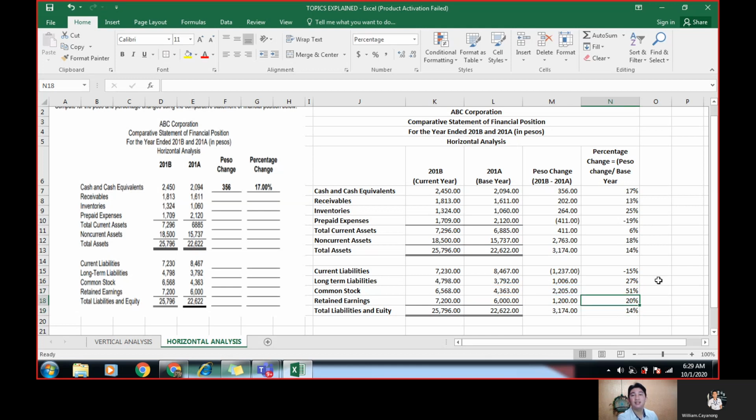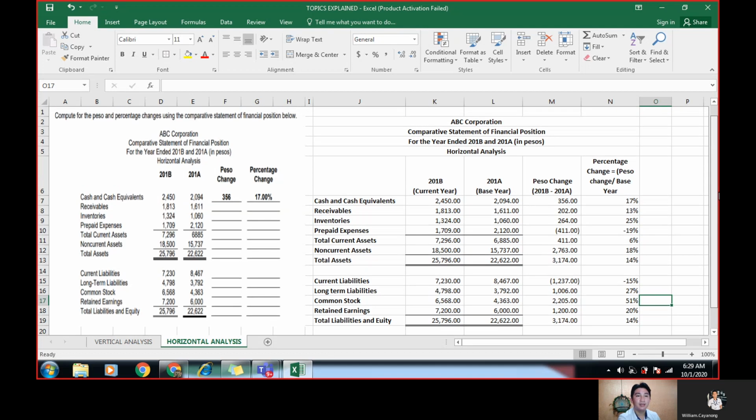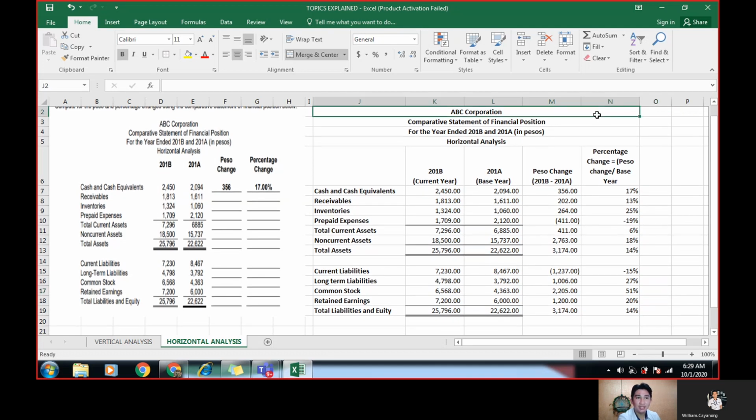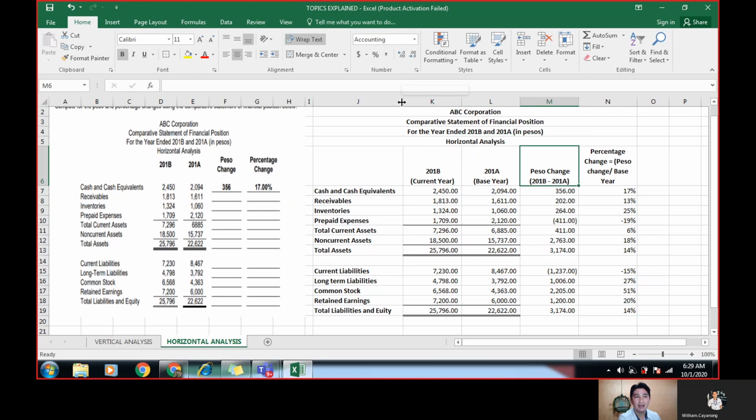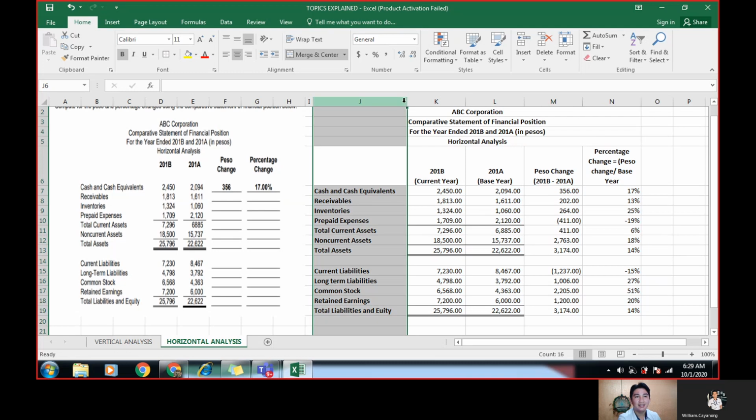And yung retained earnings natin increase ng 20% for a total increase of 14%. Ayan, so ganun lang kadali. Okay, so again, when you do the merging, you just have to highlight the 3 cells or many cells according sa gusto mo and then click merge. Okay, if you want to arrange naman the sizes, just drag the cell or highlight the cell, do this and do that.